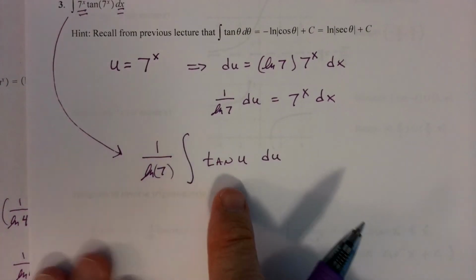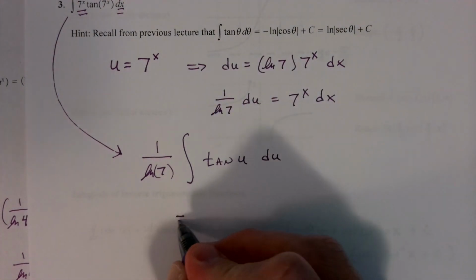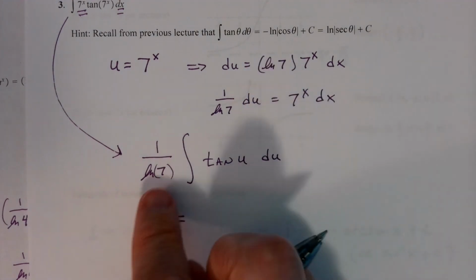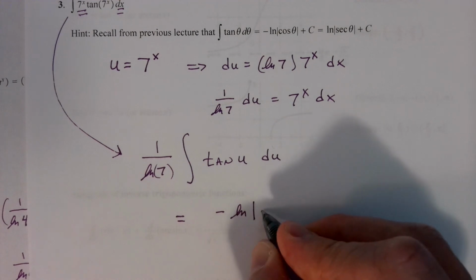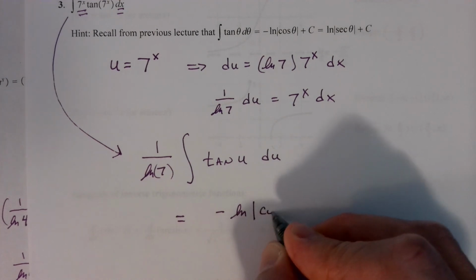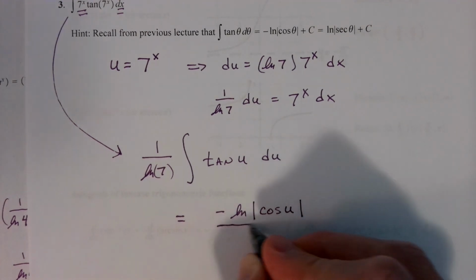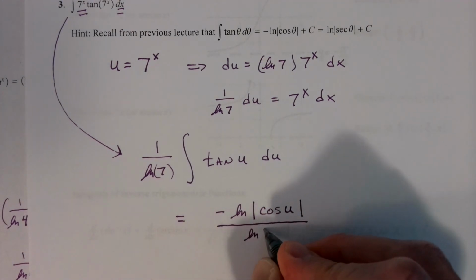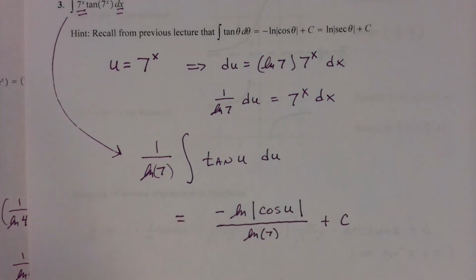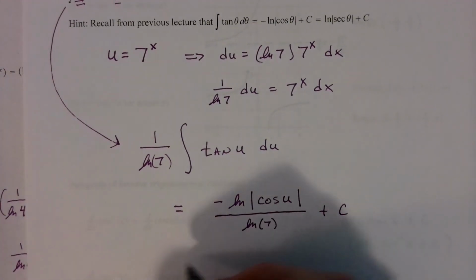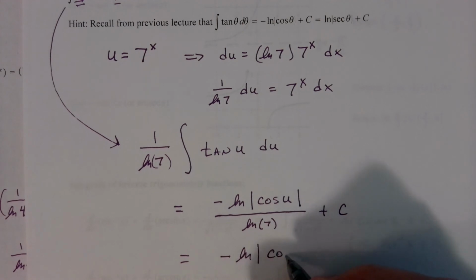And so from our previous lecture, we went through the process of finding this. And so this is going to be equal to this times 1 over the natural log of 7. So negative natural log absolute value cosine u plus c, which is equal to negative natural log of absolute value cosine, what was u again?